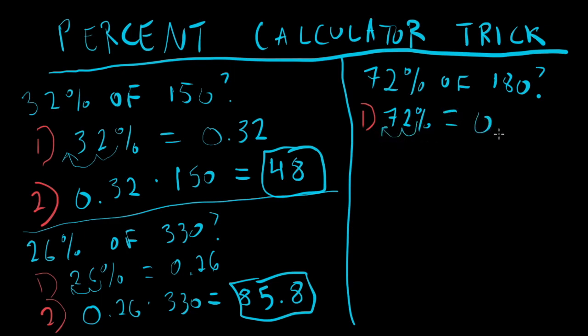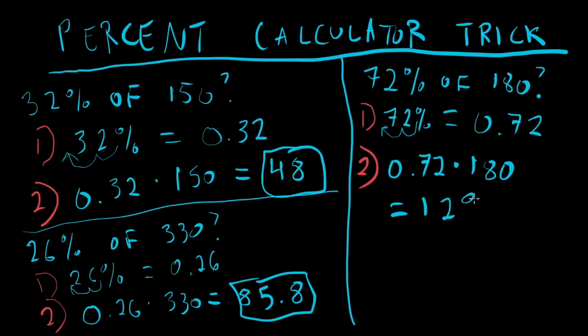Okay, so that equals 0.72. And then our second step is to multiply that by 180, which is our whole. So 0.72 times 180 should give you, on your calculator, 129.6. And that's your answer.